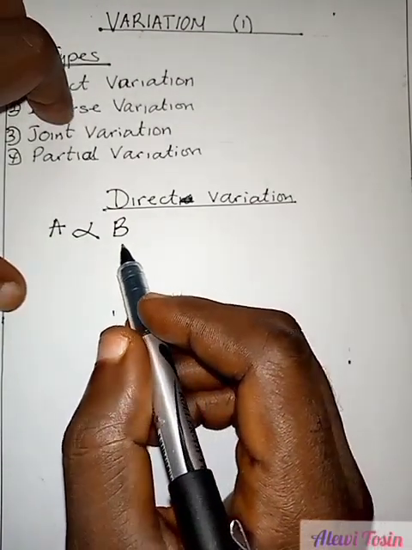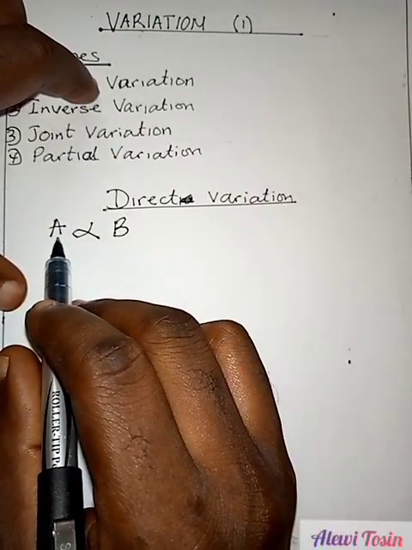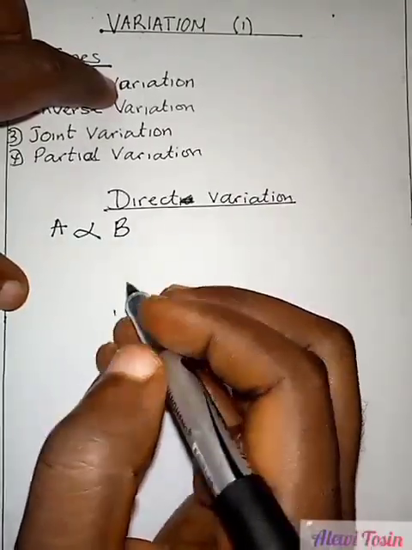Now, there is something that is constant in both. The increase in this, having effect on this, brings about a constant.